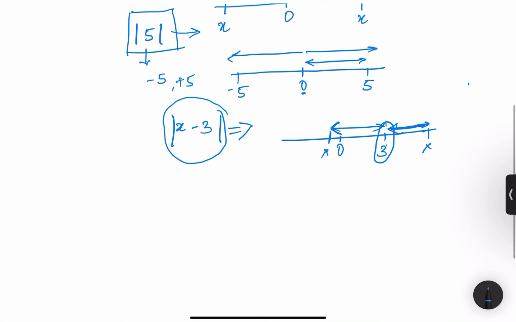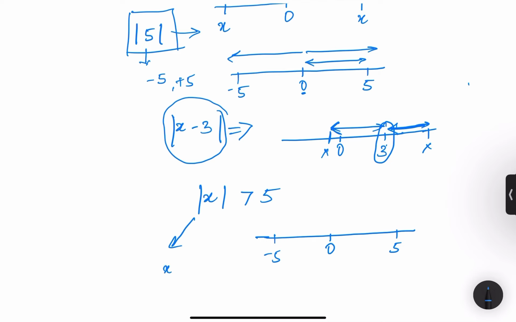And one more concept, when we say modulus of x is more than 5, that means again if we draw a number line denoting a point here as 0 and here as 5 and here minus 5, the distance of x from 0, because this can be written as modulus of x minus 0, is more than 5.